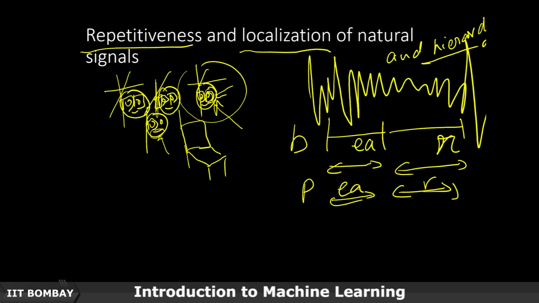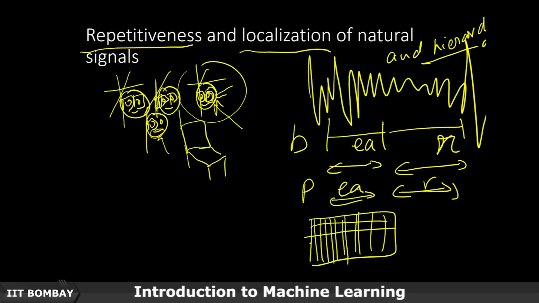The other commonality between them is that these signals appear on a grid, either on a two-dimensional grid, or on a one-dimensional grid, or on a three-dimensional grid. And the order of samples on the grid, so the pixels in an image or the audio samples on a one-dimensional grid and so forth, that order is important.